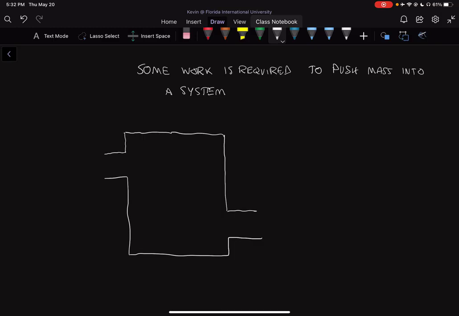This entrance to the system is going to be bound by this control volume. So we're going to call this our control volume. Our control volume is going to be stuck to the surface of the system. The system is going to have some flow coming in through here and coming out through there. And this work that's required to push the mass into the system is called flow work.